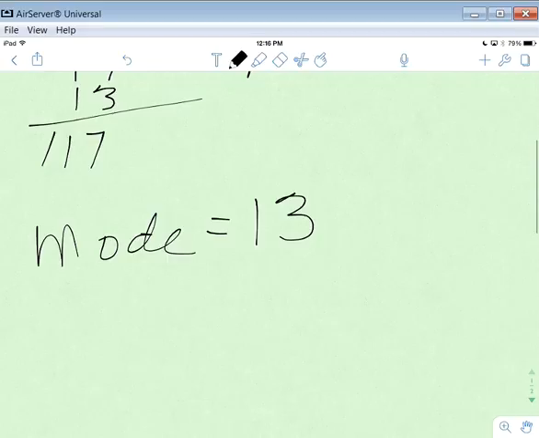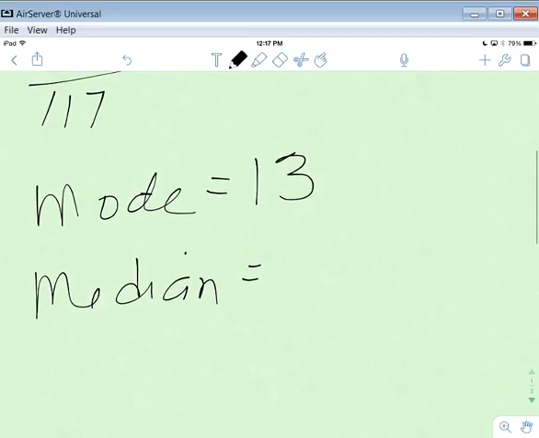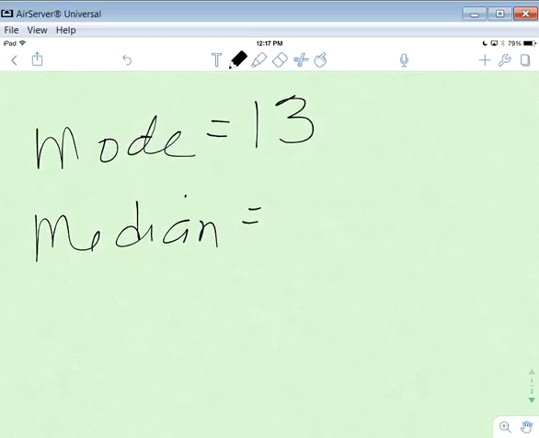And then we need our median. And remember, our median is the middle number. So if we were to write these out in order, we would have 12, and then we have 2 13s, 13 and 13.